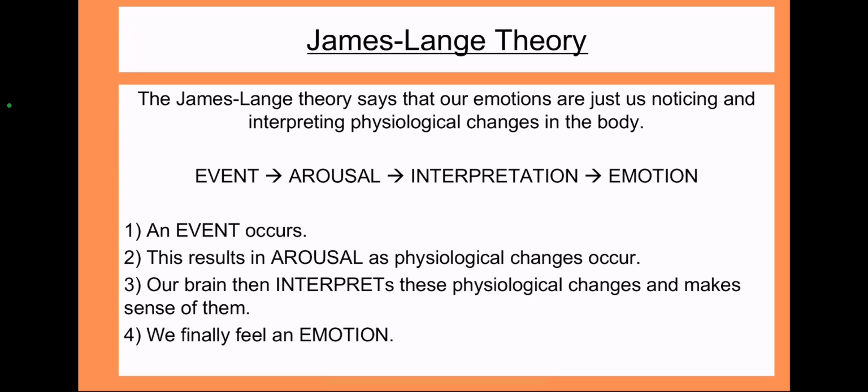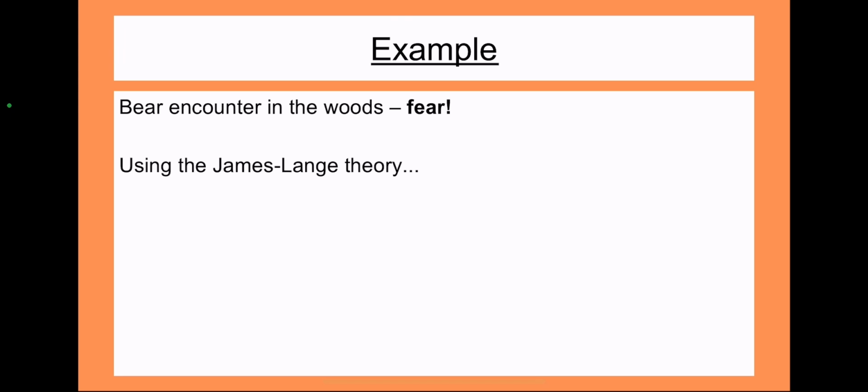So there's loads of different examples that you could go through to try and understand it. But here's one for fear. If we take an example of a bear encounter in the woods, it's a nice easy one. It would never really happen in England, but it's a nice easy one. If we use the James-Lange theory, the event is that the bear jumps out of the woods.